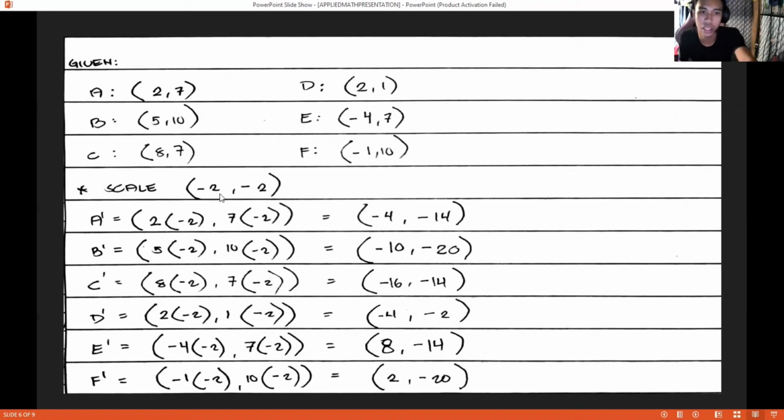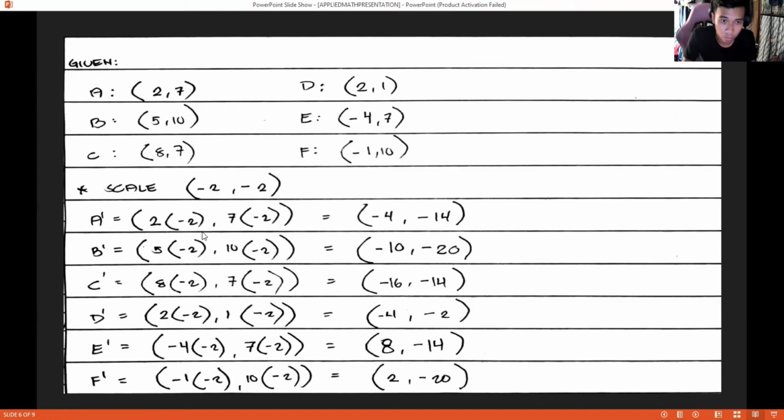Since this is the given instruction, first we need to scale the letter A. As you can see here, letter A is equal to 2, 7. Then we need to scale it by -2 and -2 as well.